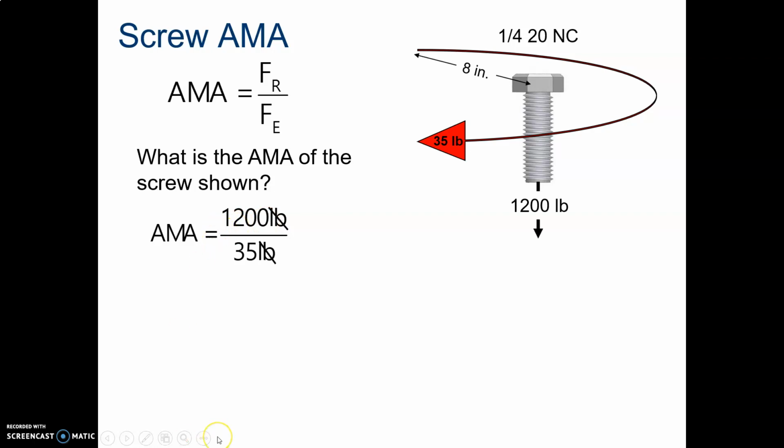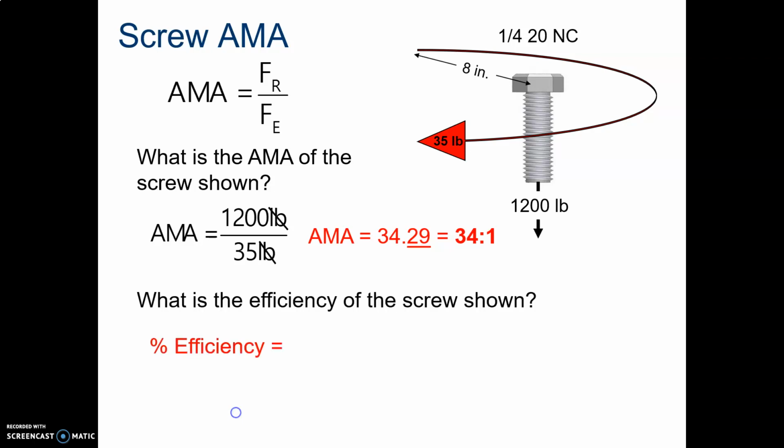We're left with 1,200 divided by 35, which is 34.29. Now remember, our ideal was 1,005 and our actual is 34. So when we go to efficiency, this isn't going to be nearly as efficient as all the other ones that we've looked at.